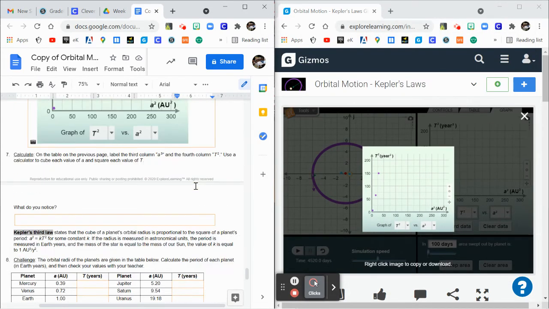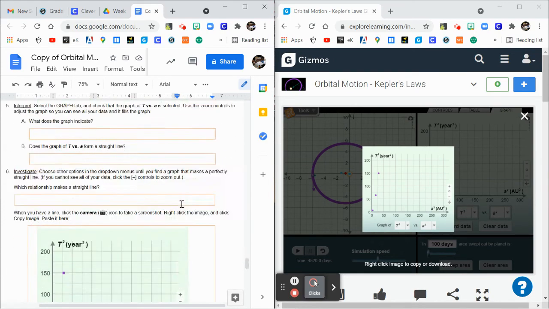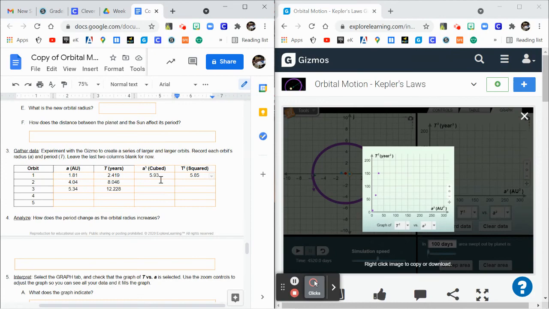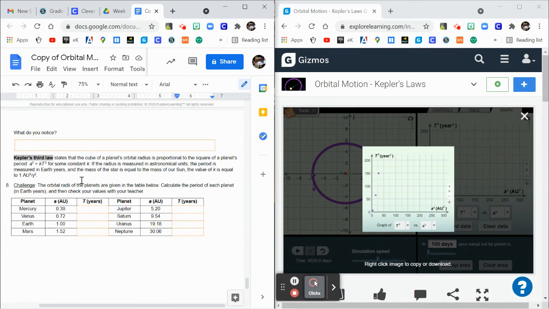Now let's see. What do you notice in the values? Okay. Now Kepler's third law, right there. Kepler's third law states that the cube of a planet's orbital radius is proportional to the square of a planet's period.